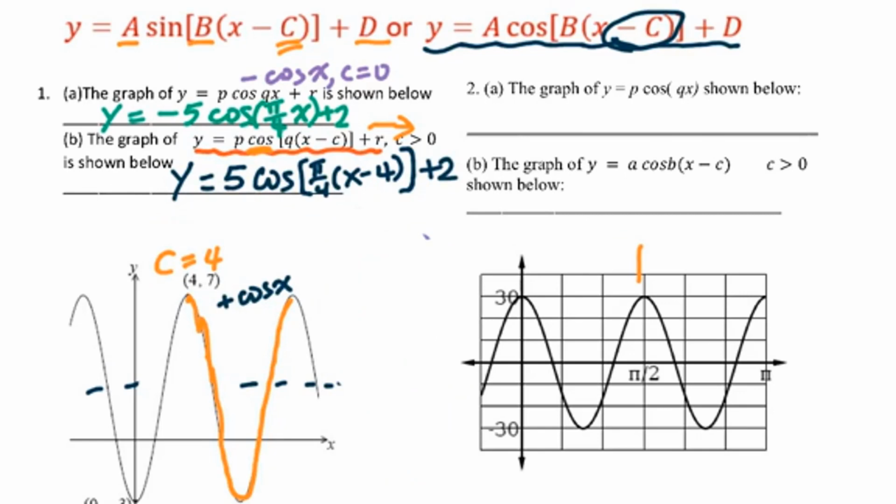After you figure out this cosine function compared to this one, you can get p equals 5, q equals pi over 4, c equals 4, and r equals 2.